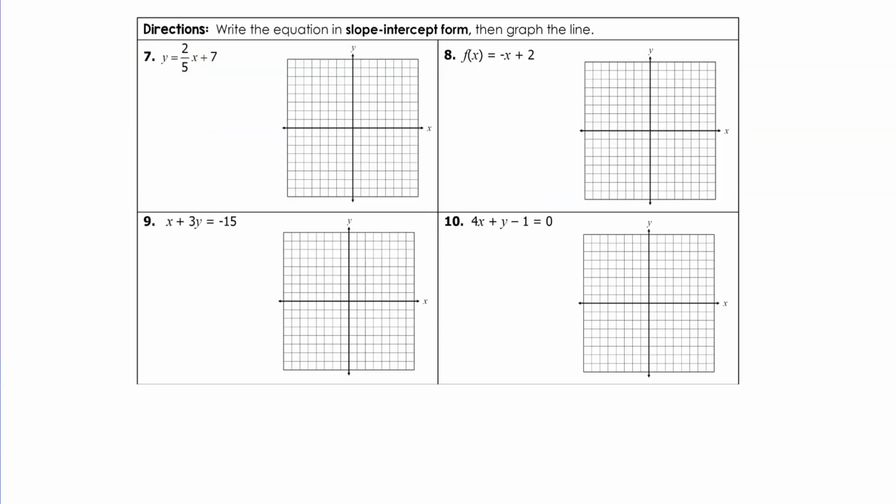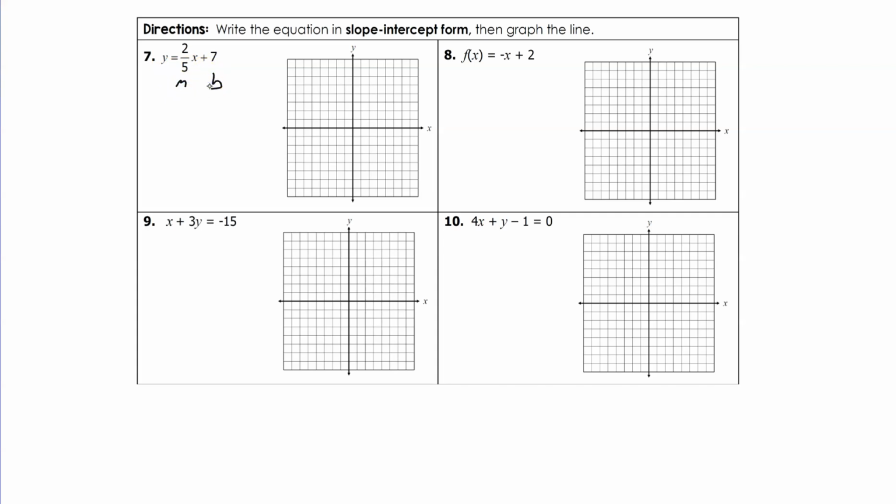So write the equation in slope-intercept form, then graph the line. So what we're going to do is, if we've noticed this, this is already in slope-intercept form. y equals mx plus b.